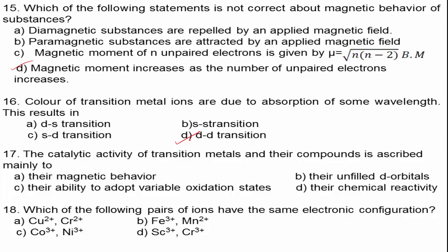Yes, transition metals show variable oxidation states, due to which they can perform as catalysts. For example, the contact process for the manufacture of sulfuric acid. In that we know the reactions like SO2 plus V2O5 gives SO3 plus V2O4.